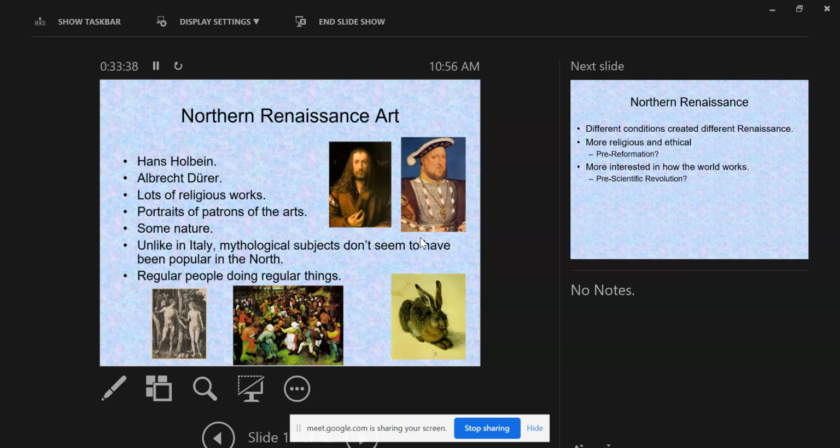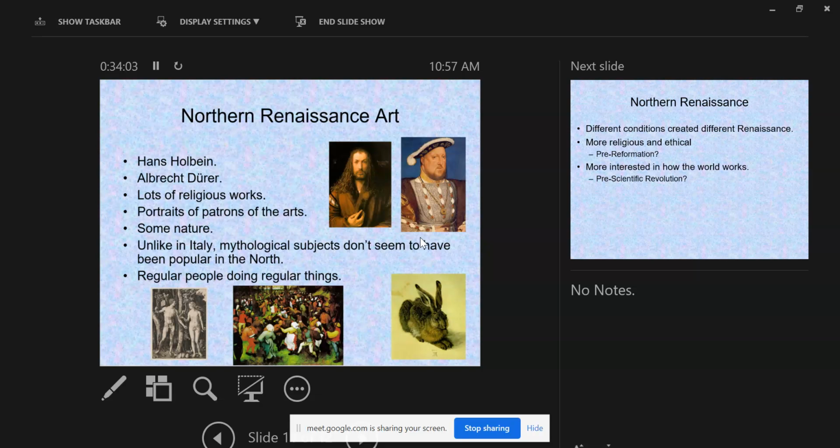You get a lot of religious works. Here's Adam and Eve over here on the left. You also get, like I said, some nature and some peasants. This is a kind of a peasant party going on right here. And then, I already gave you the rabbit or the hare here on the right. We'll see a better picture of that next week. And that's an Albrecht Dürer as well.